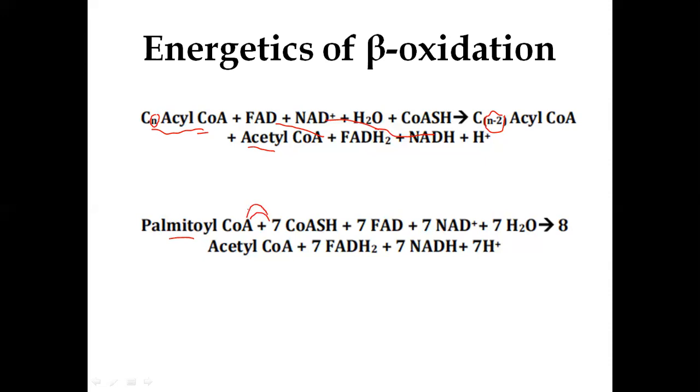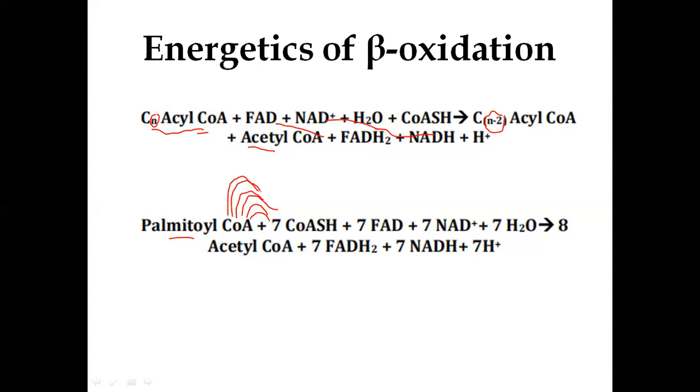In each reaction, it will consume FAD and NAD, and water and coenzyme A.